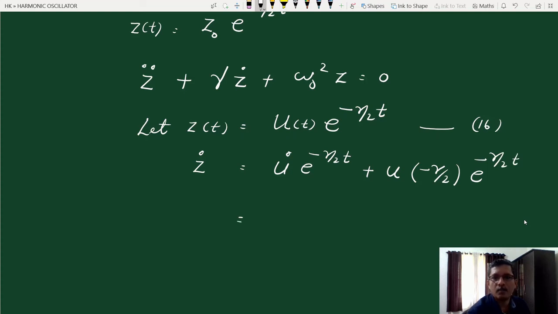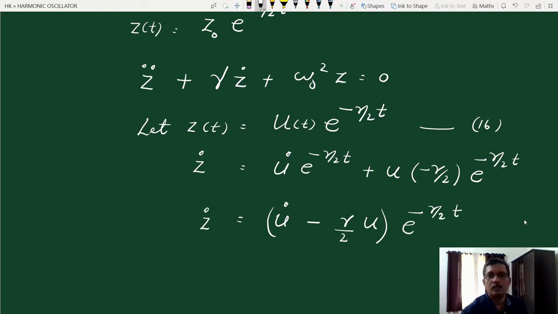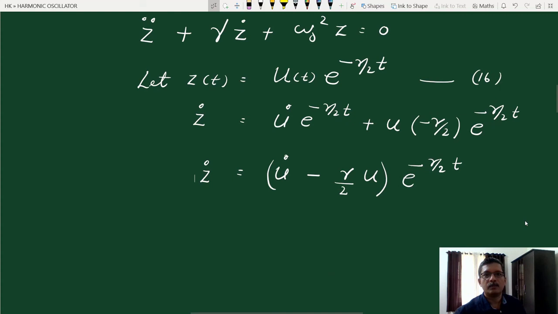Let me take e raised to minus gamma by 2 into t outside. So u dot minus gamma by 2 into u, times e raised to minus gamma by 2 into t. This is z dot.